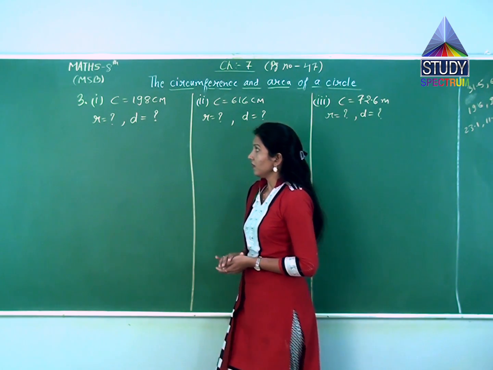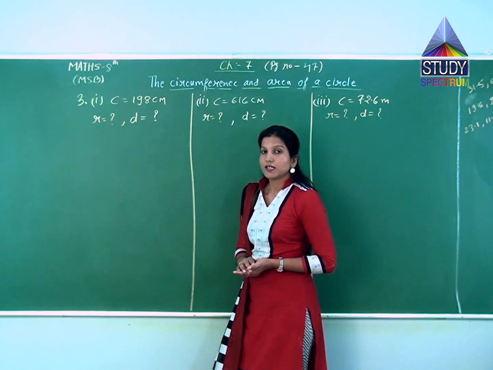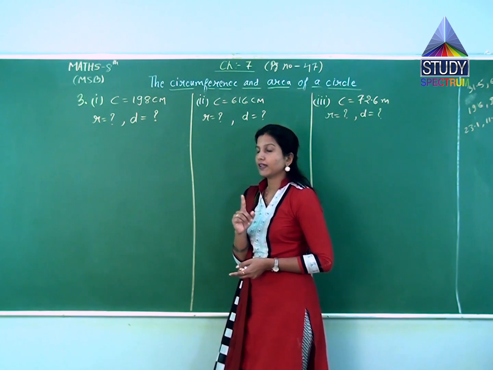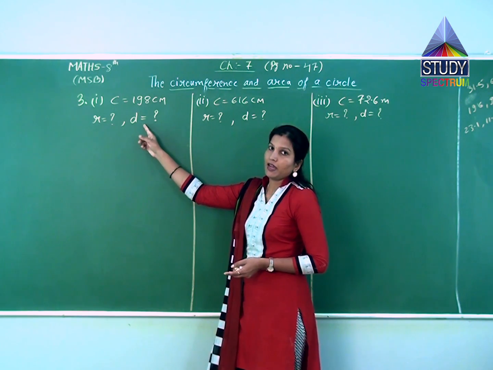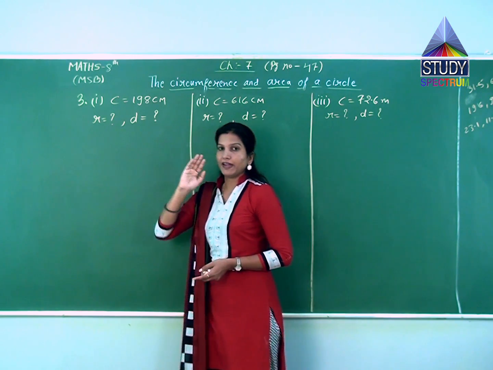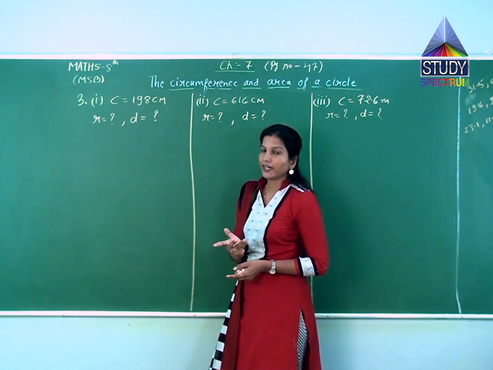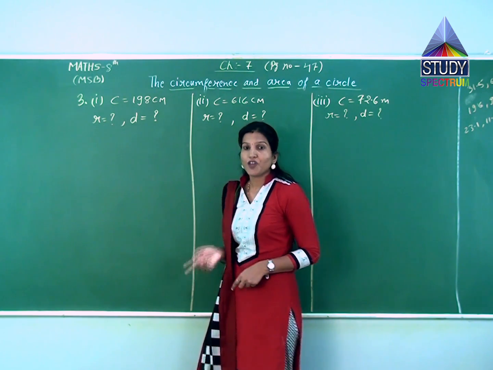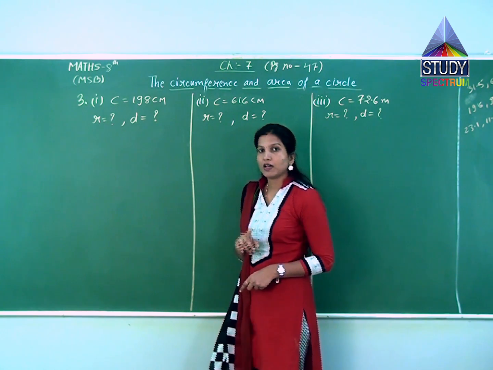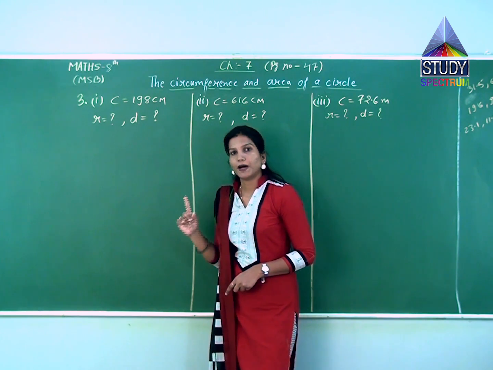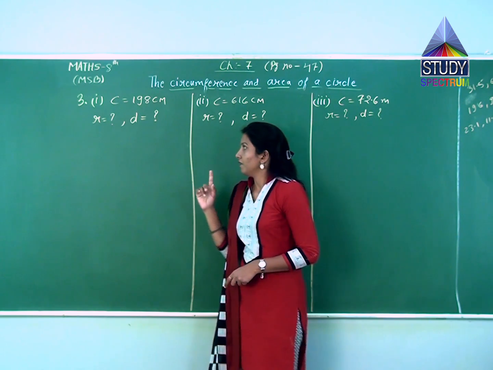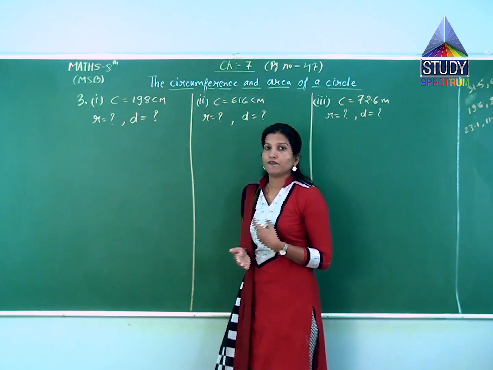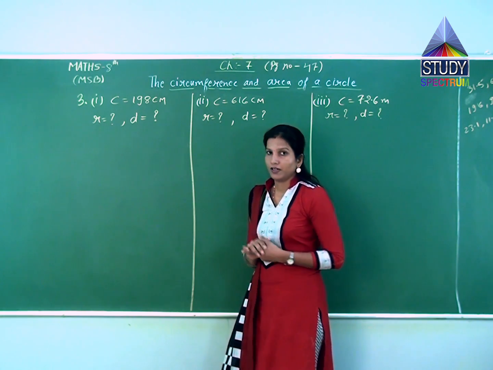Now, if we apply the formula C is equal to pi d, then we will get the value of d. And if we divide that value by 2, we will get our radius. And if we apply the formula C is equal to 2 pi r, then we will get our radius, and if we multiply that by 2, we will get our diameter.